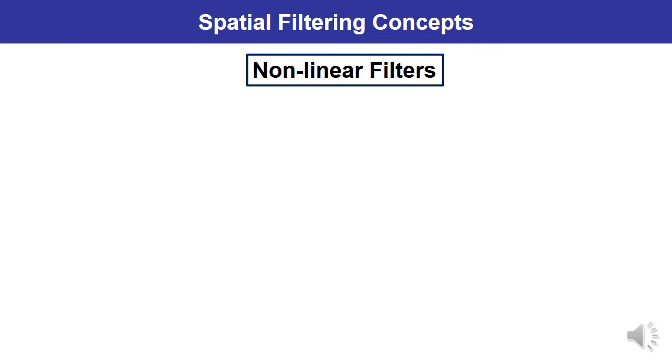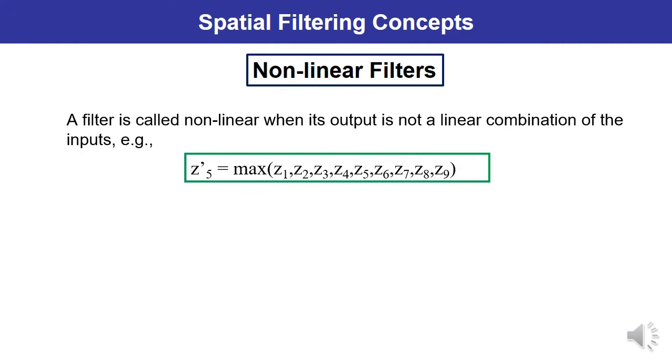What are non-linear filters? How to define them? A filter is called non-linear when its output is not a linear combination of the inputs. How can it be represented? See this particular equation. Z5 dash is the modified value of the pixel, where you have taken the maximum of Z1, Z2, Z3 up to Z9. Among all the 9 pixels, the maximum value is taken and used in the enhanced image.